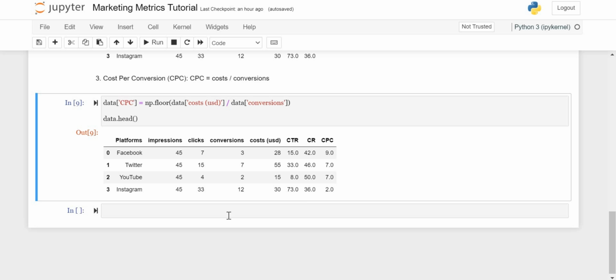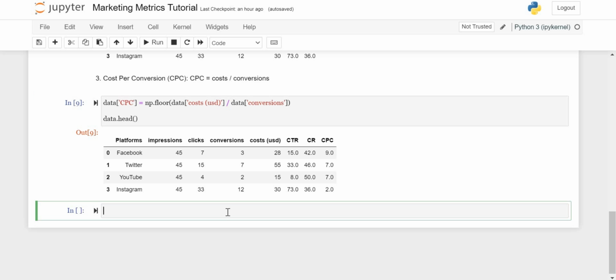So basically, I really recommend that you read more on what each of these metrics is all about, and of course there are more metrics that people use for marketing campaign data analysis for insight derivation.